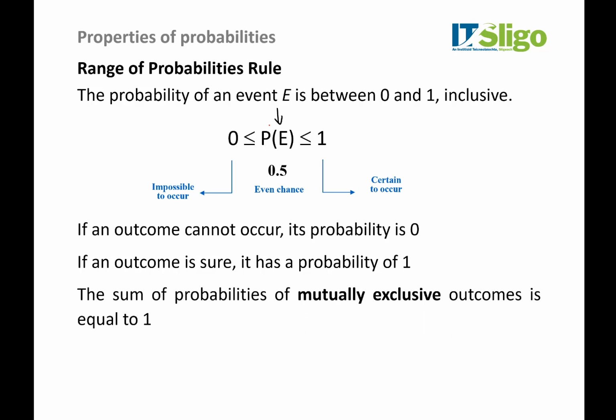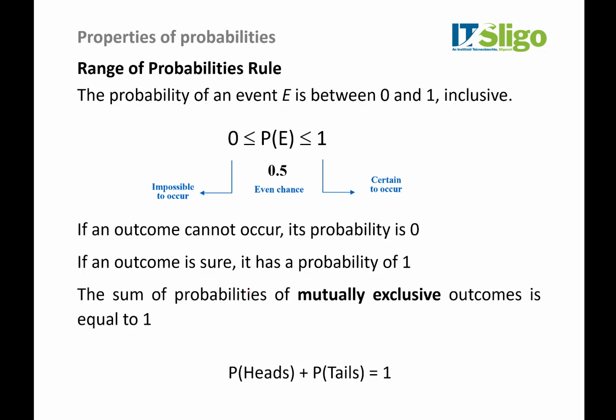The sum of probabilities of mutually exclusive outcomes. We're going to come across mutually exclusive in the next lecture in a more formal sense. Essentially, mutually exclusive means something can only be one or the other. So if we're tossing a coin, our outcome can either be heads or it can be tails. It cannot be both.